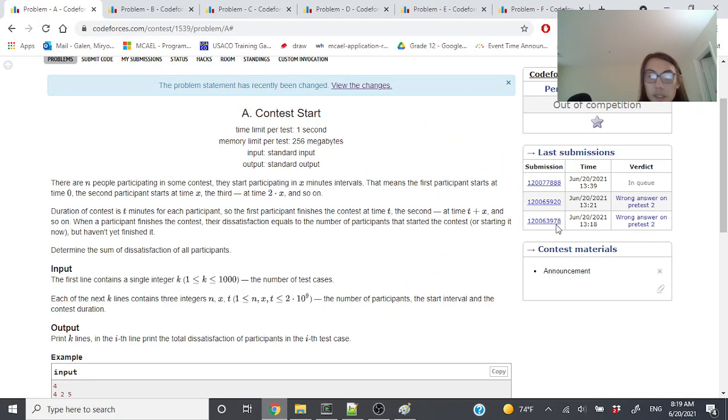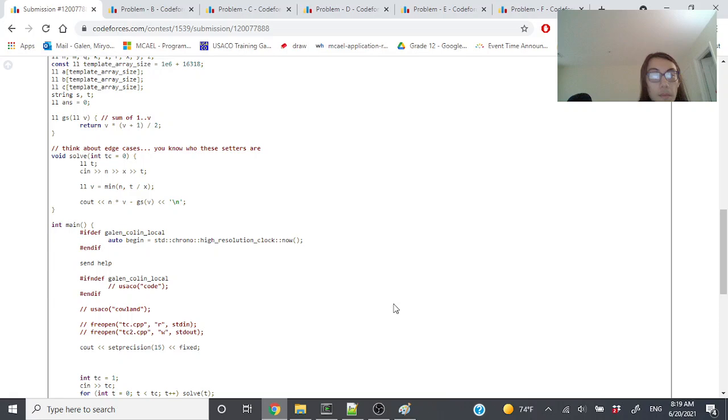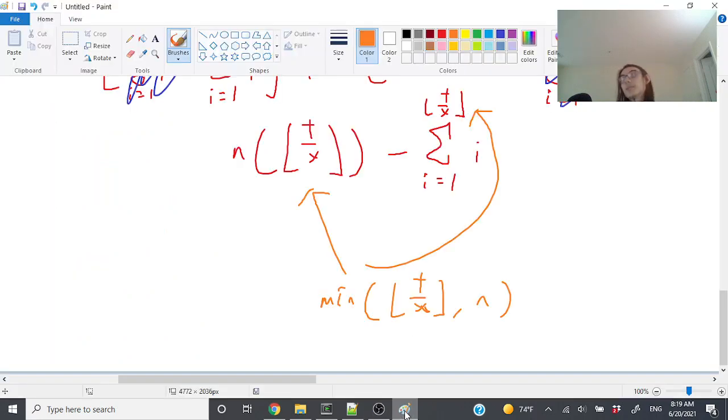I'm pretty sure. It might be t over x plus 1, I don't actually remember. Actually, I'm not sure right now, but okay. Yeah, it's the minimum of t over x and n.